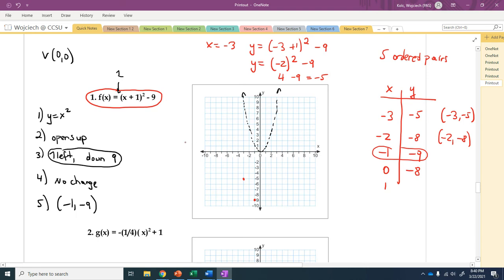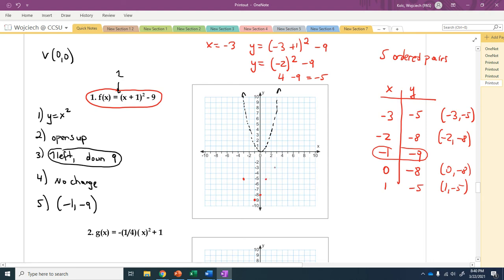Okay? And when x is 1, 1 plus 1 is 2. 2 to the second power is 4. 4 minus 9 is negative 5. So this would be 0, negative 8. And this would be 1 comma negative 5. So 0, negative 8 would be actually your y-intercept. And 1, negative 5 would be here.